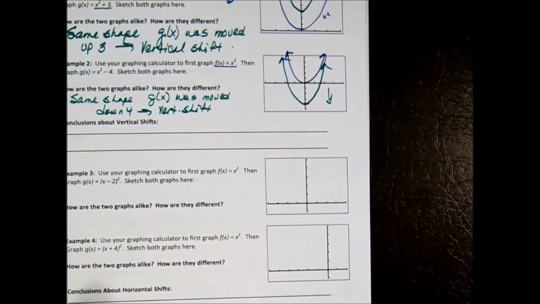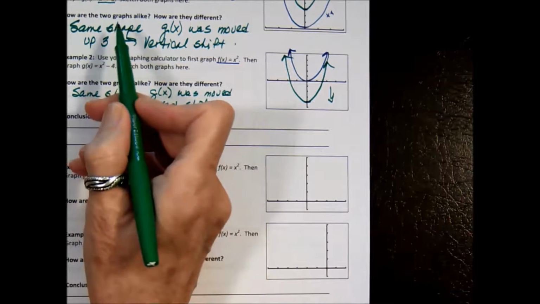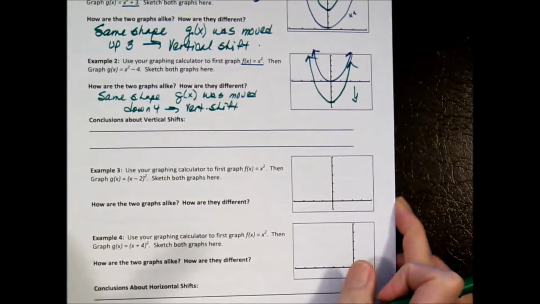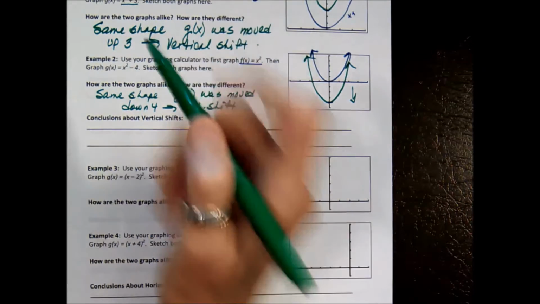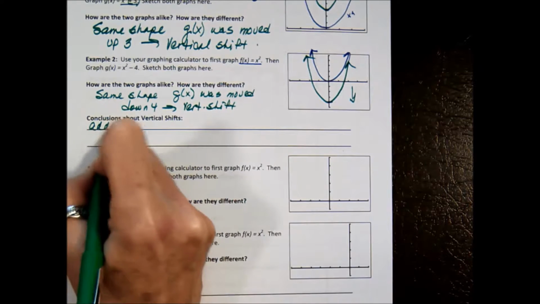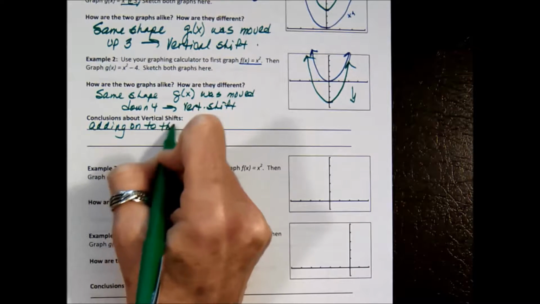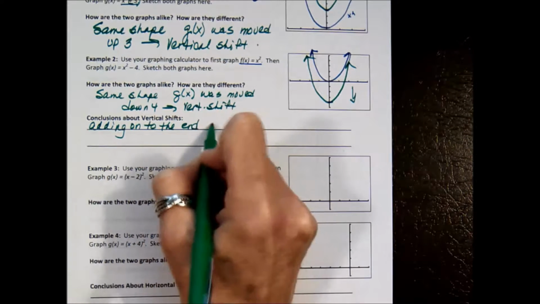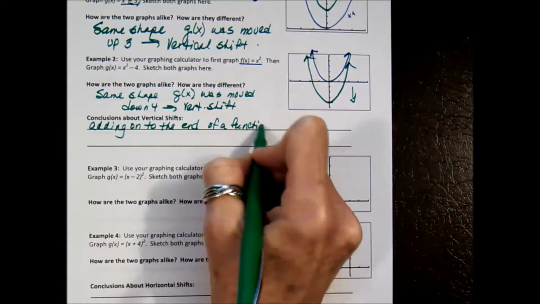So our conclusions about vertical shifts are that when you start with a function, and I will word this more succinctly in just a minute, for example, x squared, and you add on to the end, and that is important that it's the end of a function, what does that do?